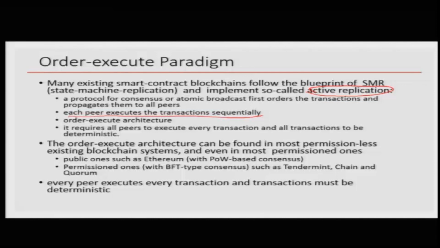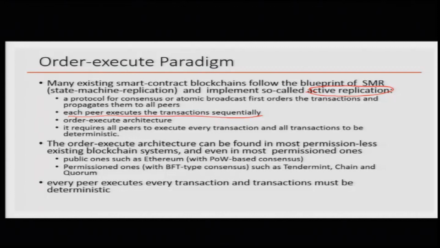So, we call it an order-execute paradigm, which means that ordering is first and then execution. Execution means that every node will change their state in the same way, right. And when the block goes to the other nodes, they also have to run the same transactions and change the states.